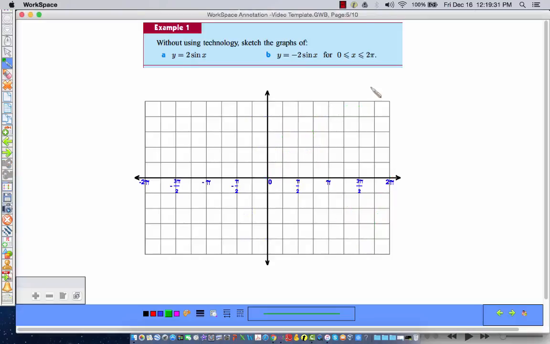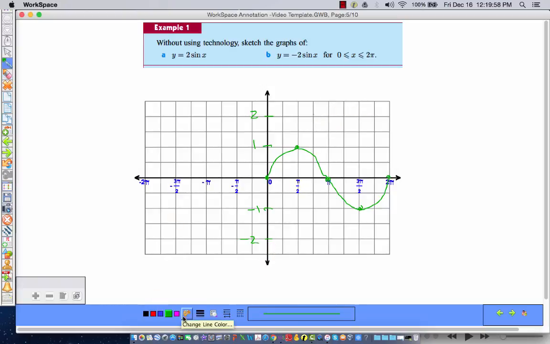Y equals negative 2 sine x. So I'm going to quickly sketch my sine curve again as a point of reference. You'll be able to do this in your head very quickly. Here's 1, here's 2, here's negative 1, and here is negative 2.